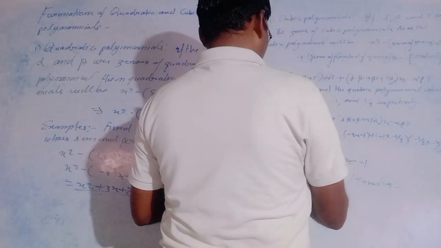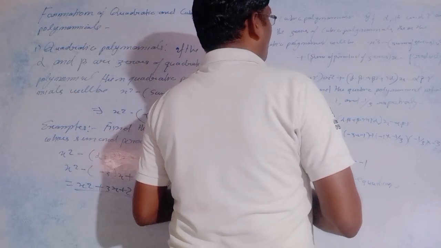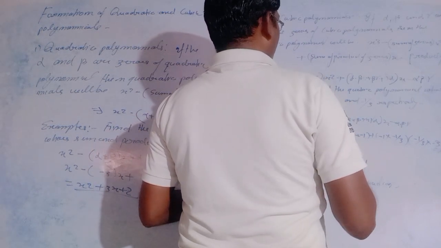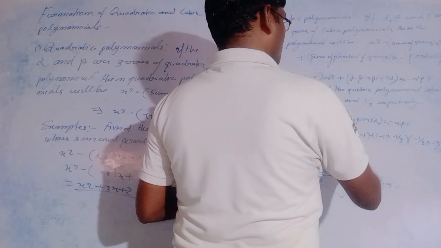We are not substituting the x square values. So we can calculate all of this and find alpha plus beta plus gamma.